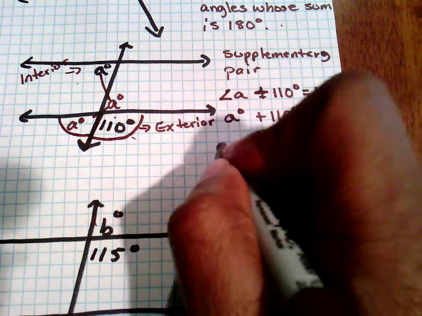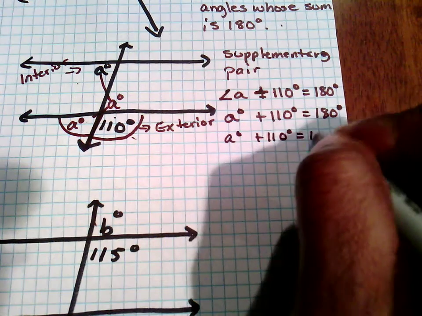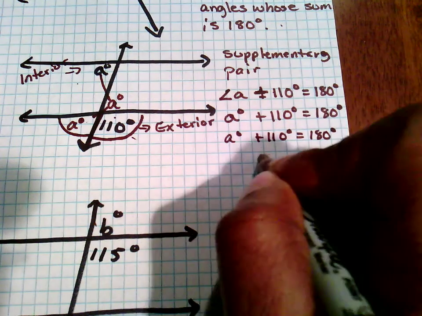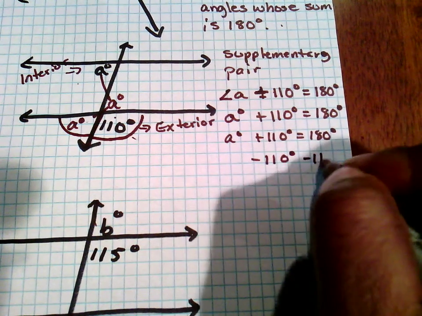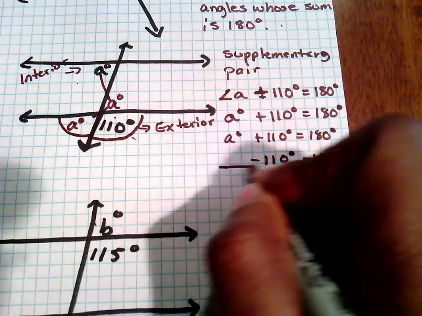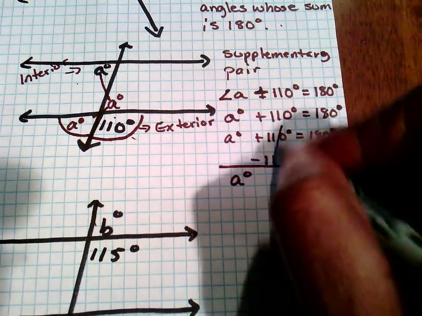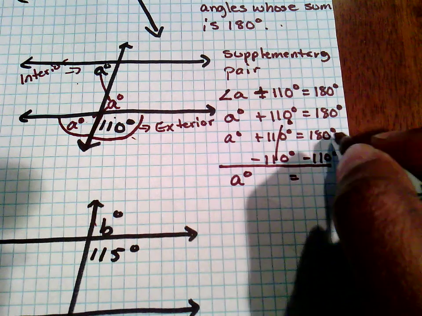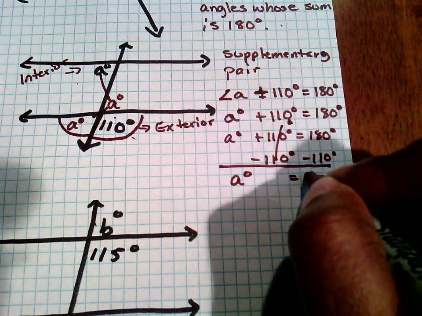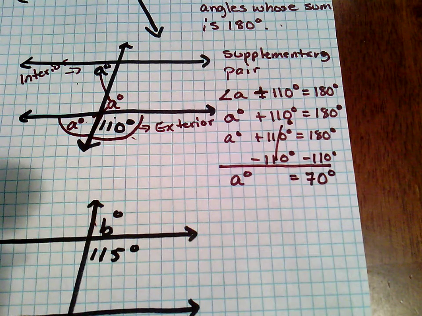I would begin by subtracting 110 on both sides of the equal sign using inverse operations. The 110s cancel, and 180 minus 110 gives me 70 degrees.